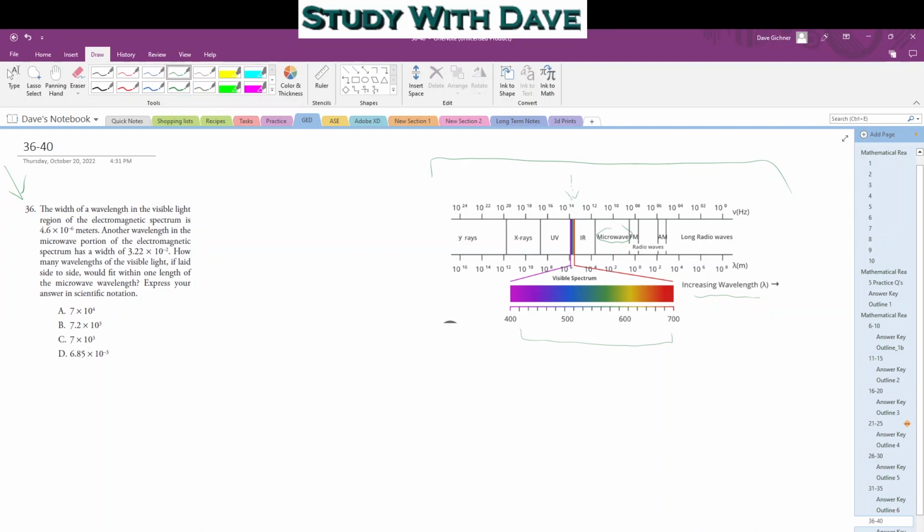So the visible spectrum, let's say, has waves pretty close together like that, whereas as you go to the right, the wavelength is getting bigger. You can fit multiple visible spectrum waves inside of the microwaves.